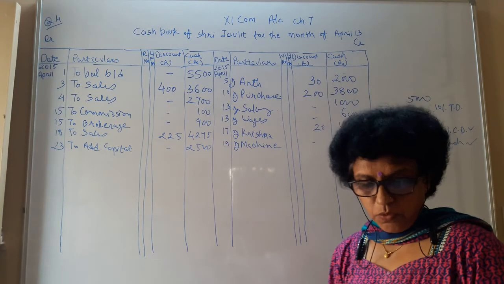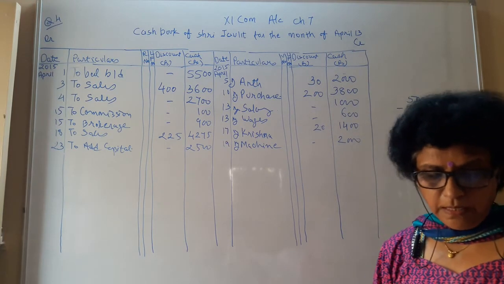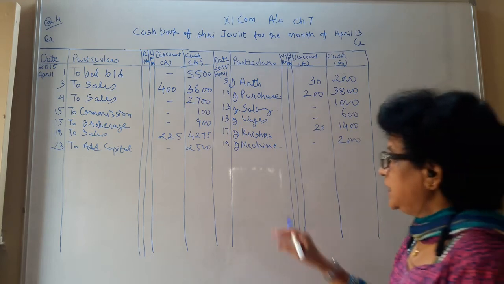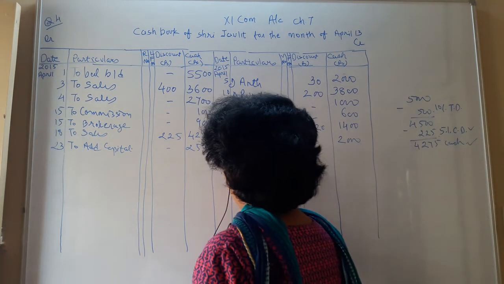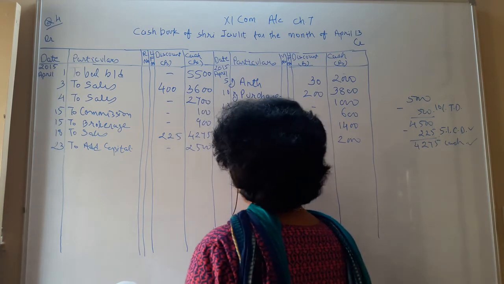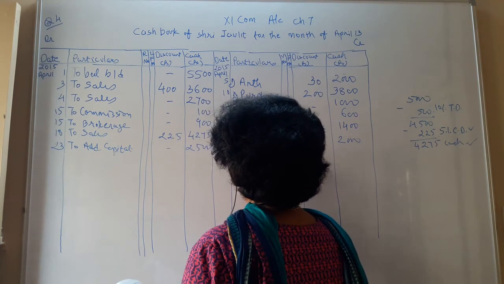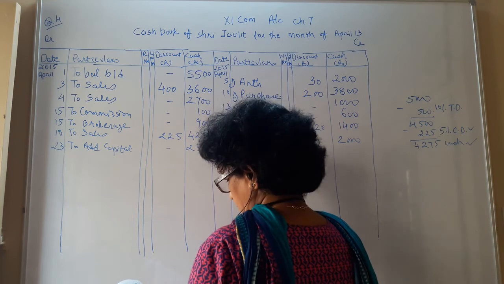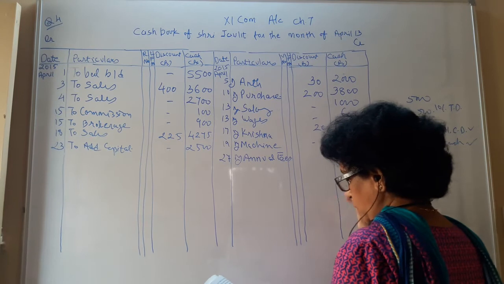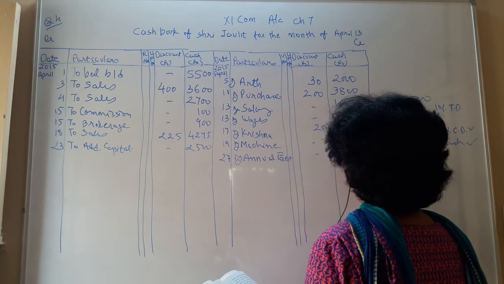On the 27th, rupees 225 paid to Vyapari Mandal towards the annual fees. So that is our expense as annual fees. We have to record it on the payment side by annual fees, 225 in the cash column.